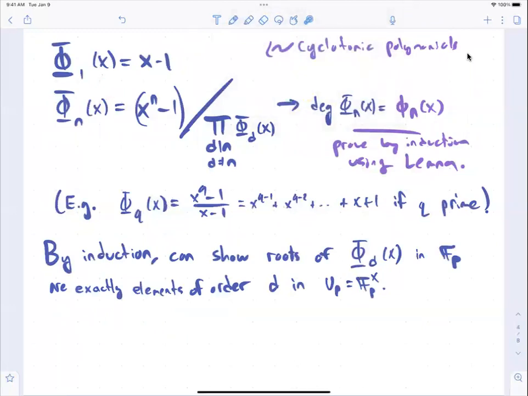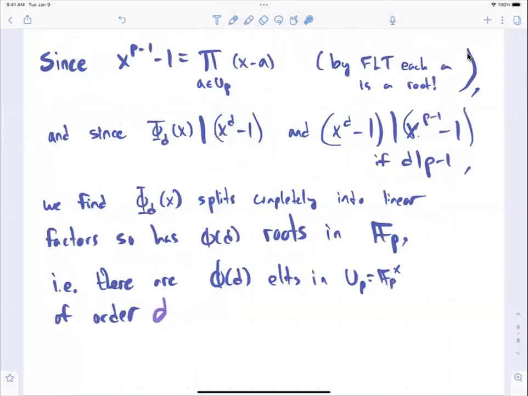This also makes sense with integer coefficients, and maybe if you're interested, you should go look up the Wikipedia page on cyclotomic polynomials. There are some fun questions you can ask about these, and it's fun to compute some of them.